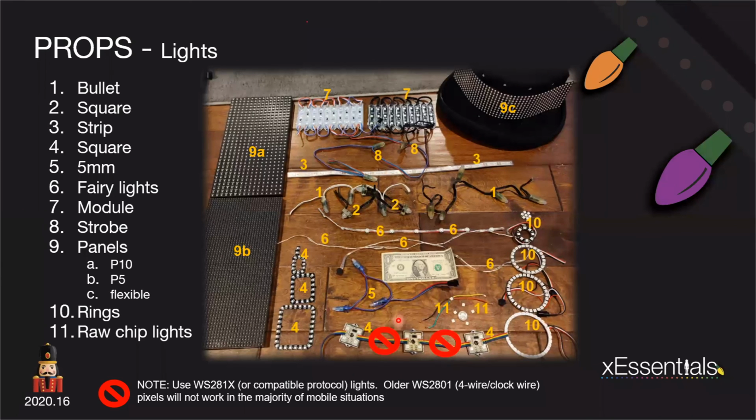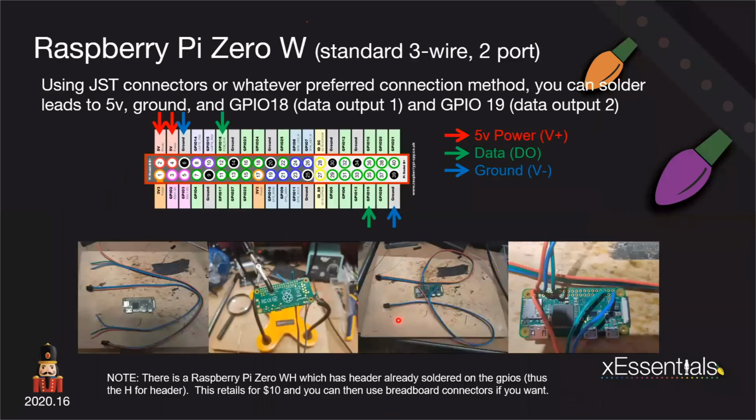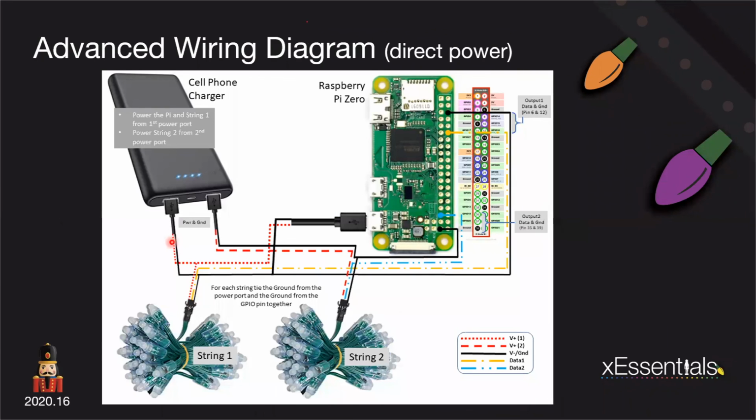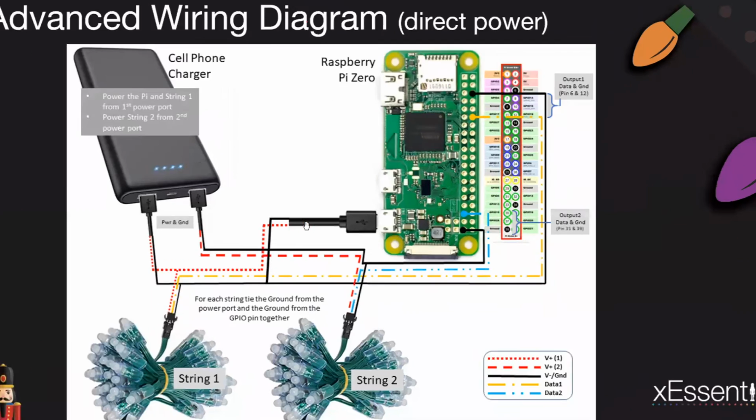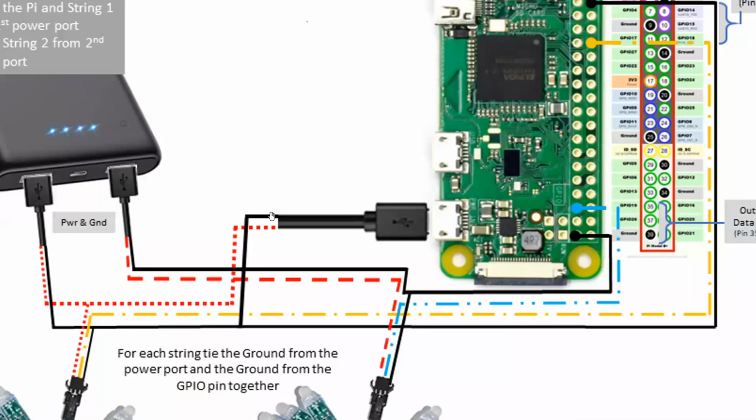So when I'm coming off of here, this is literally a USB connector that I just cut the wire and I find the black and the red. In this case, where the red is going to go to the Raspberry Pi, I have one red wire that goes to my micro USB for my Raspberry Pi power, and another red wire that goes over here to my pixels.